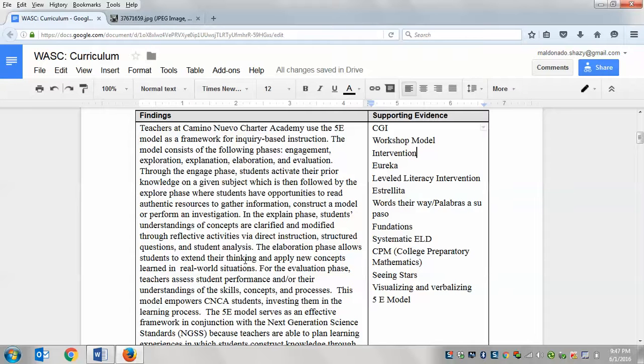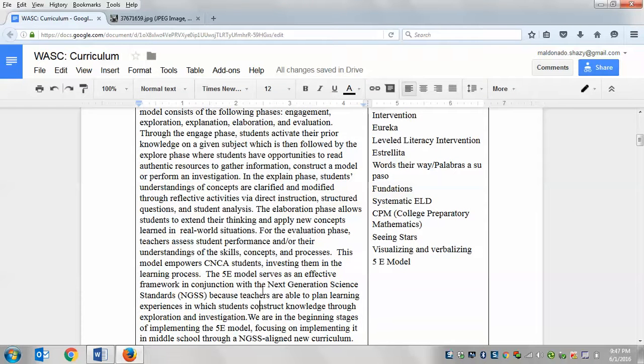and student analysis. The elaboration phase allows students to extend their thinking and apply new concepts learned in real-world situations. For the evaluation phase, teachers assess student performance and/or their understandings of the skills, concepts, and processes. This model empowers CNCA students, investing them in the learning process.